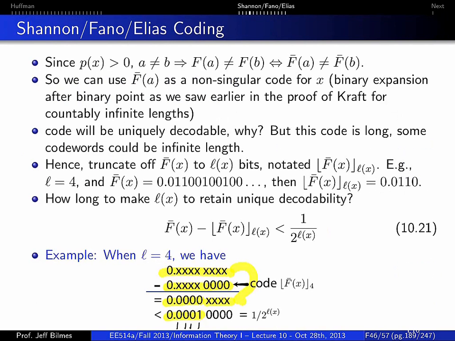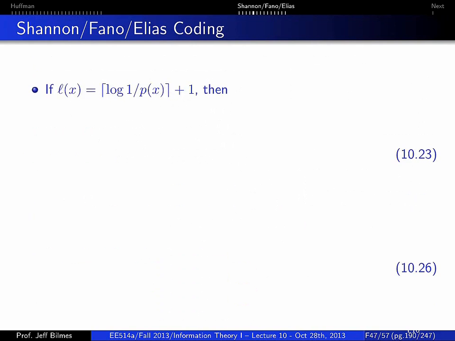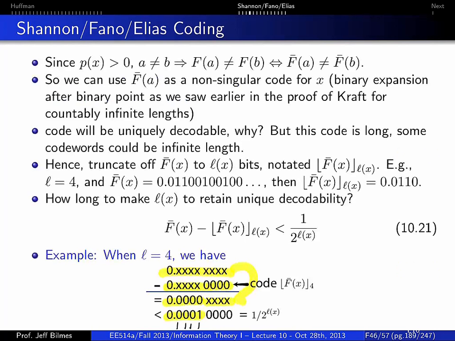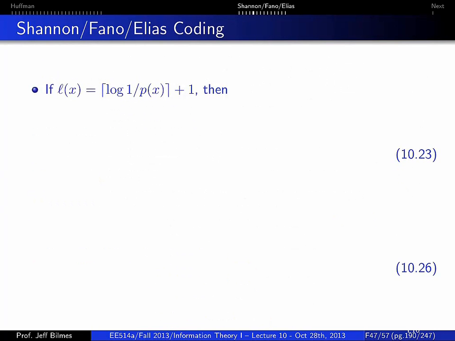Now, if we choose, for example, L to be the Shannon lengths, that's the ceiling of log of 1 over p, plus 1, which is essentially the Shannon lengths plus 1. Then if we look at 2 to the negative L, that's 1/2 times 2 to the negative ceiling of log of 1 over p. Basically the plus 1 here becomes this 1/2 out in front, and what we're left with is 2 to the negative ceiling.